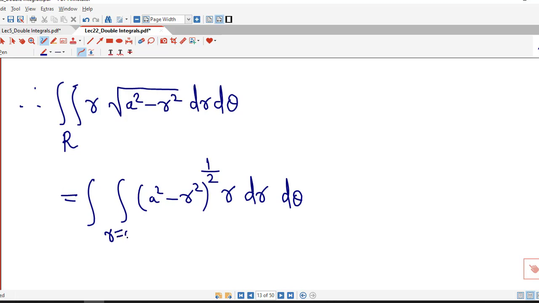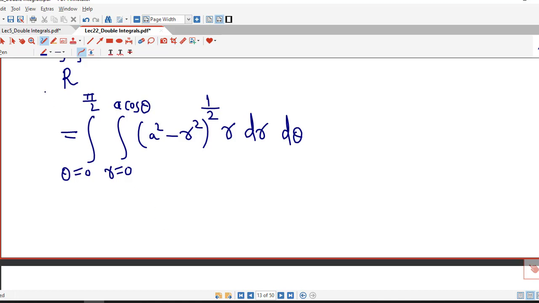R is from 0 to a cos theta and theta is from 0 to pi by 2. So first we have to integrate with respect to r. So we consider this inner integral and we will consider theta as constant.